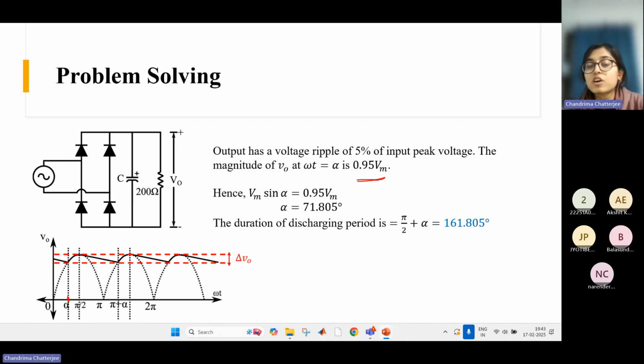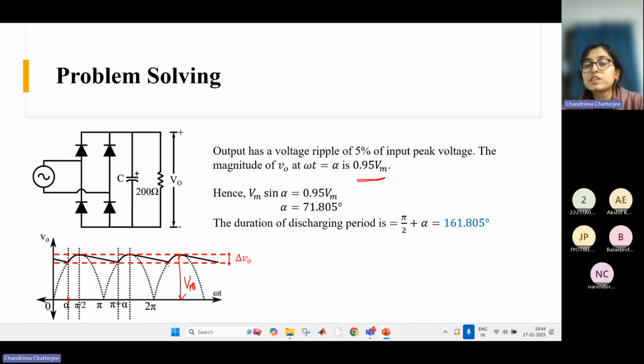Why? Because if this is Vm, this whole height is Vm. So Vm is the maximum value of the output voltage, right? Because this is my output voltage and its maximum point is Vm only. This height is Vm.